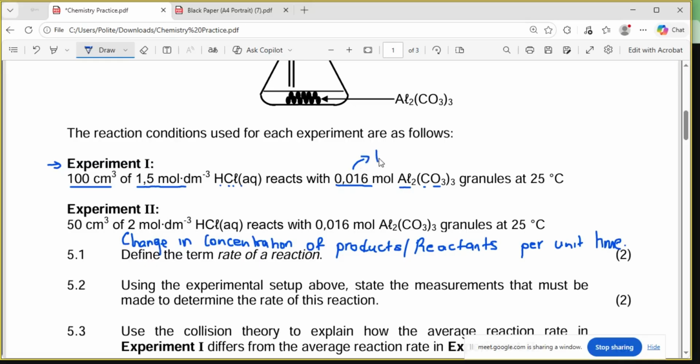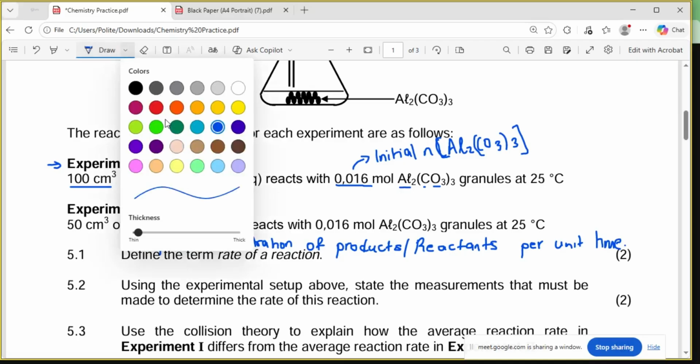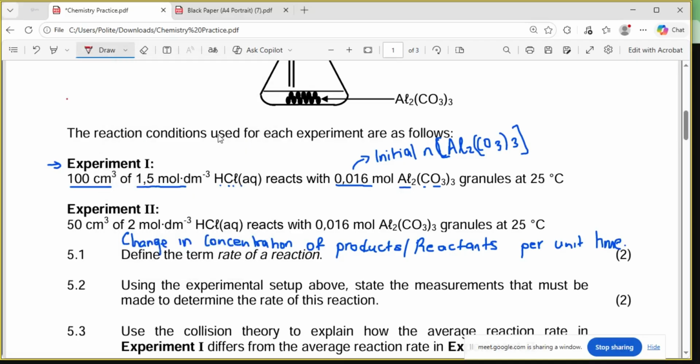So this tells you that this is the initial number of moles of that aluminum carbonate. I hope you are happy with that. I hope you understand that, because it's very important that we note this is the initial. Initial means what we start with. We're going to start with the 0.06. This is what we start with initially.